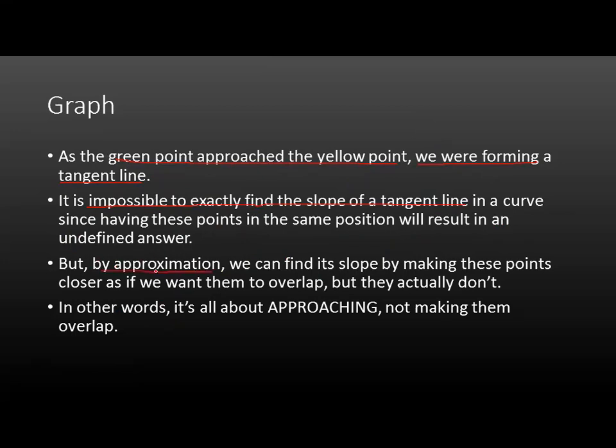But by approximation, we can find its slope by making these points closer, as if we want them to overlap, but they actually don't. So in other words, it's all about approaching, not making them overlap.